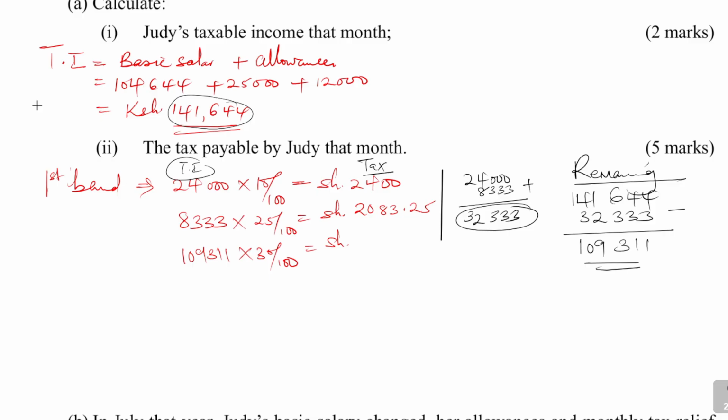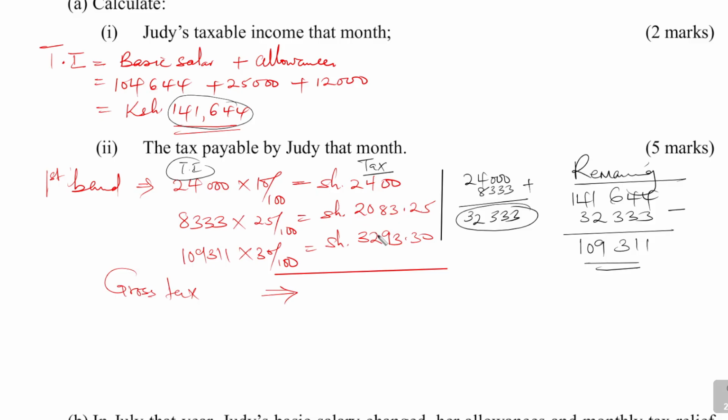Now the tax that you get when you multiply these, you will get a tax of 32,930 shillings and 30 cents. So that is what you get. Now from there, we can get the gross tax, after adding everything here.